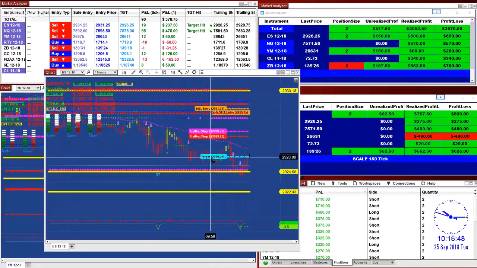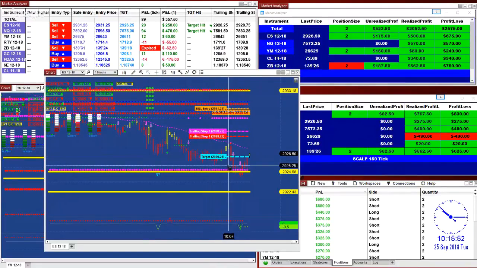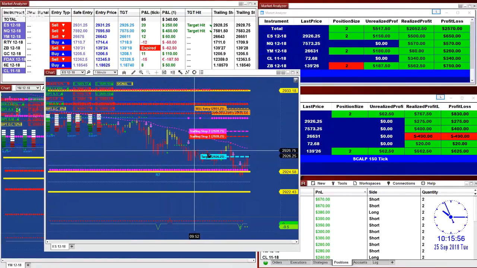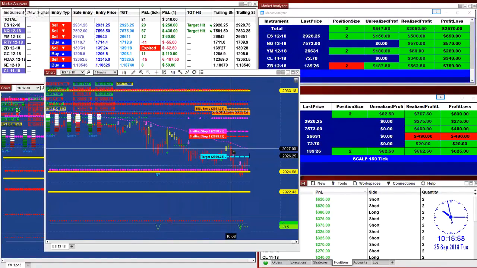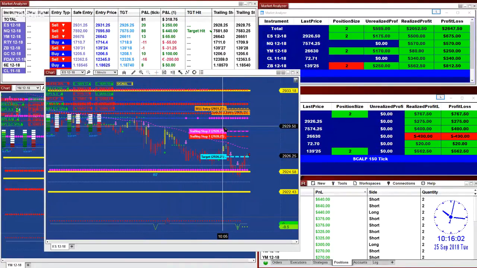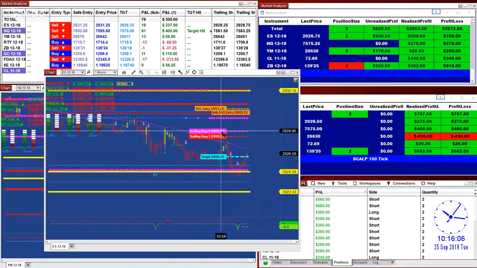We hit the target and we are done. Now we are sitting on the side on the ES. And what will happen, folks, we have avoided all this chop because the auto trade is not going to take a new trade until we are over with the short trade, and now it is confirmed long.